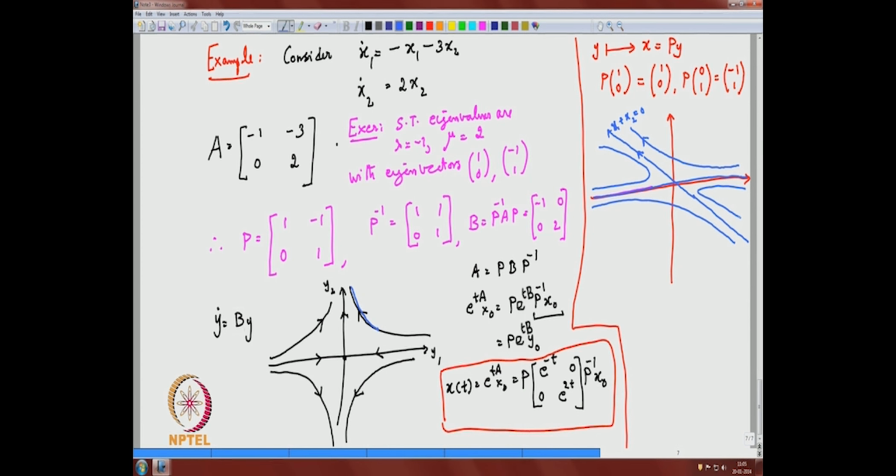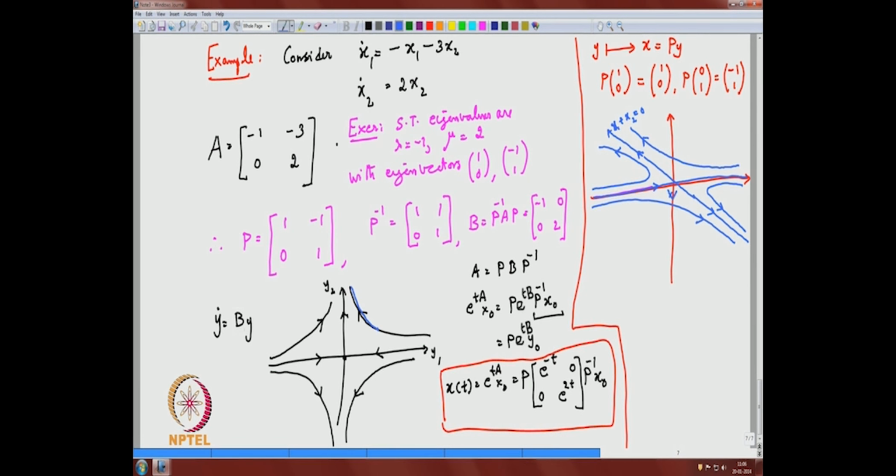This is the trajectories here, and this is the trajectories here. So, this will all be unstable. The second component is unstable, the first component is stable. So, still you get the stability here.